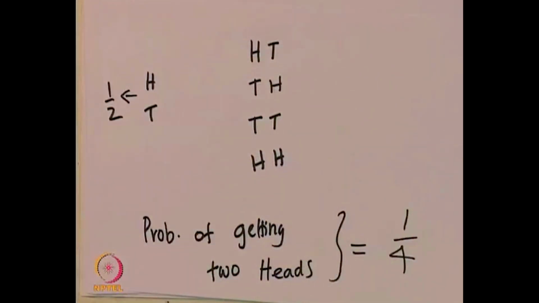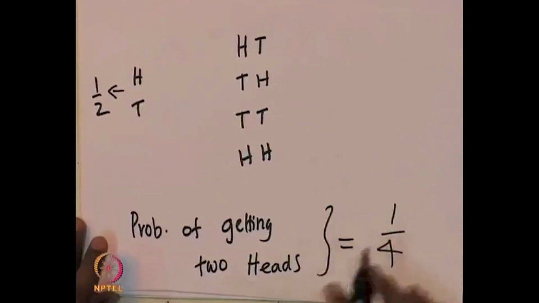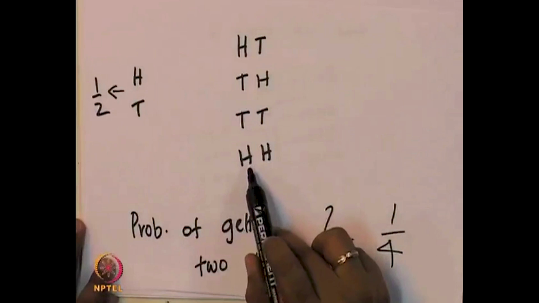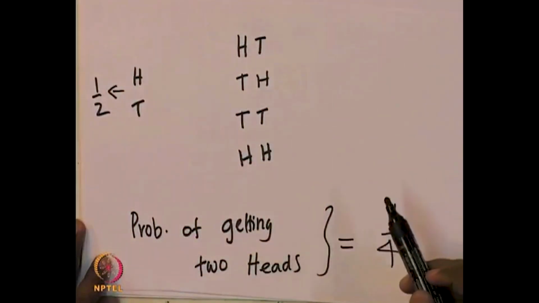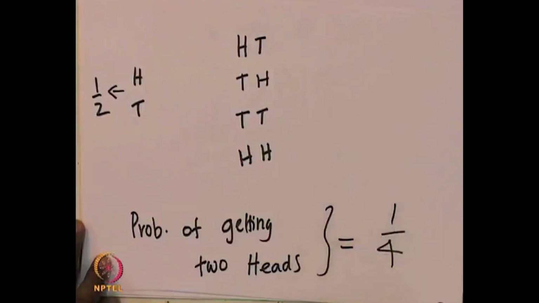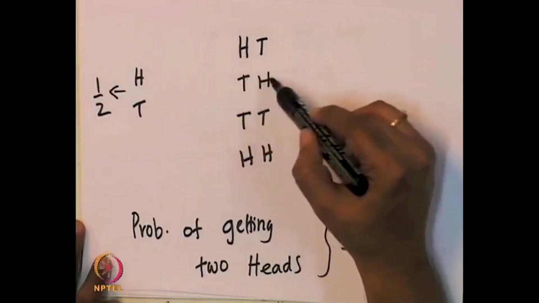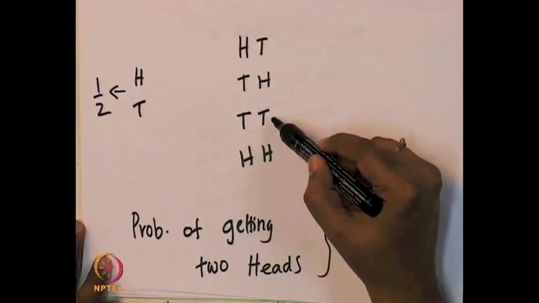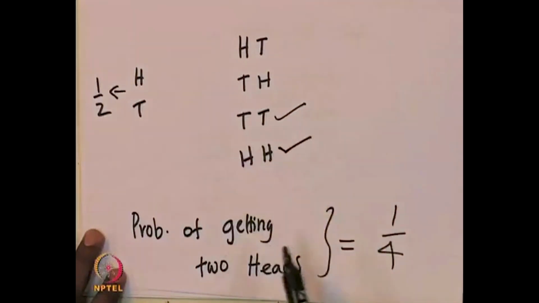Now, you can ask the question, what is the probability of getting the same side both the times you toss? Here both the times you got different sides, here also you got different sides, but here you got the same side both the times. Here also you got the same side both the times.